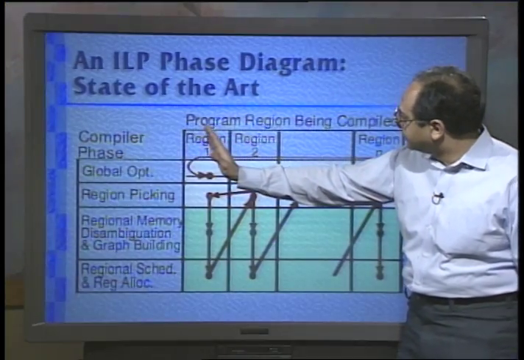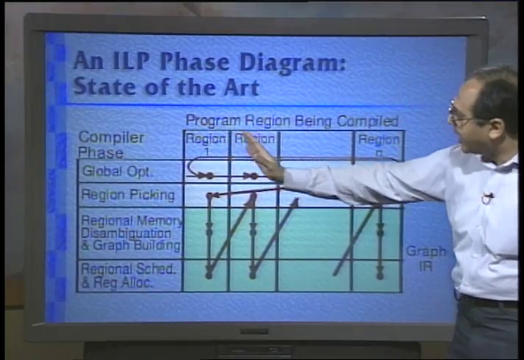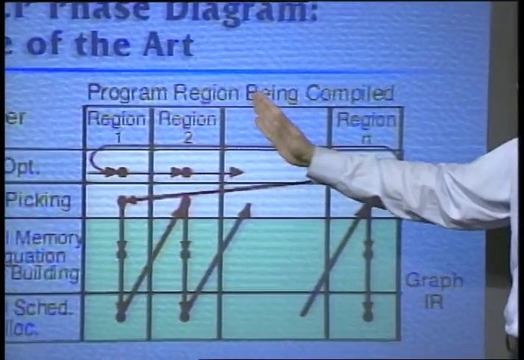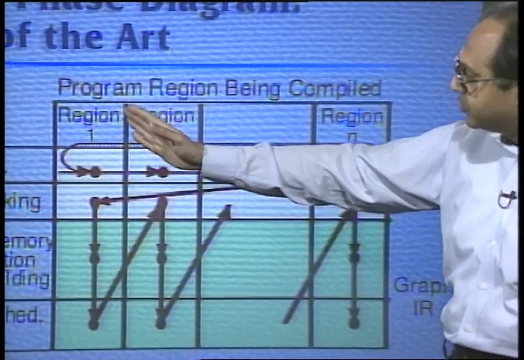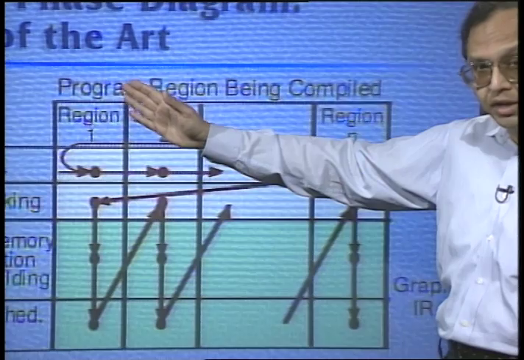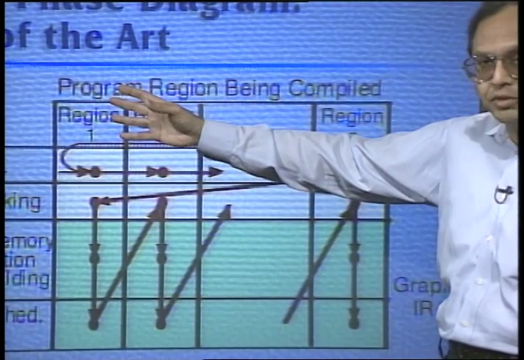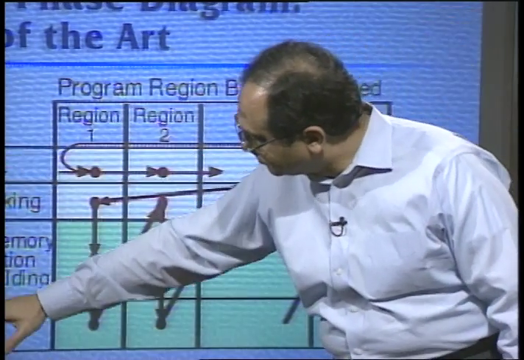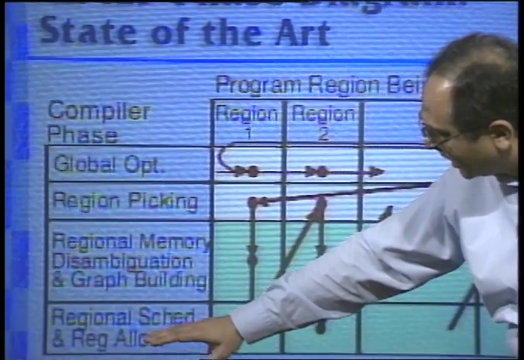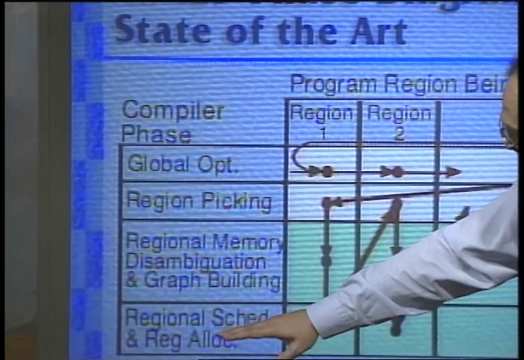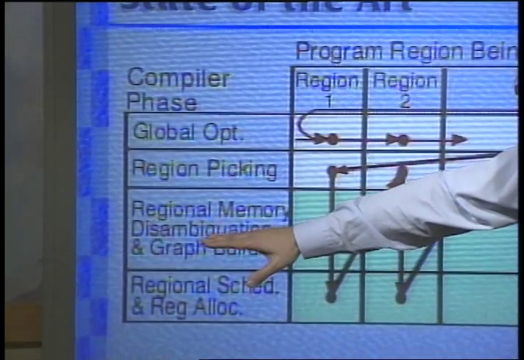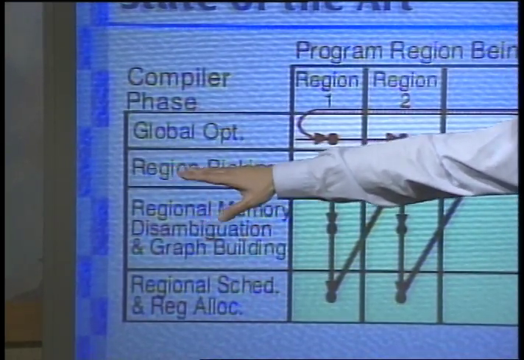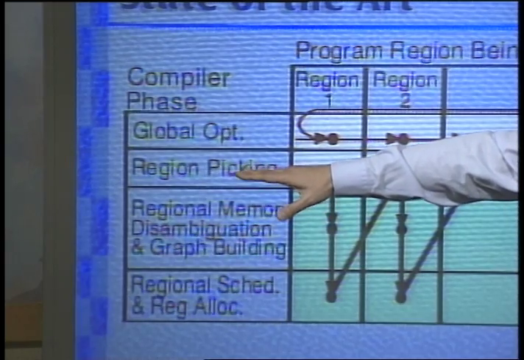Now over here on the column headings, we have region 1, region 2, etc., where a region, as I said, could be a trace, it could be an innermost loop, it could be an if-converted region, etc. And over here, the compiler actions are much the same as we had in the previous slide, except we've got an action here called region picking.